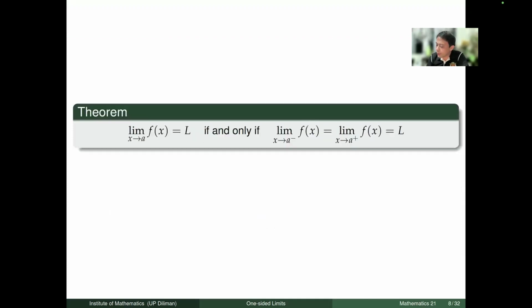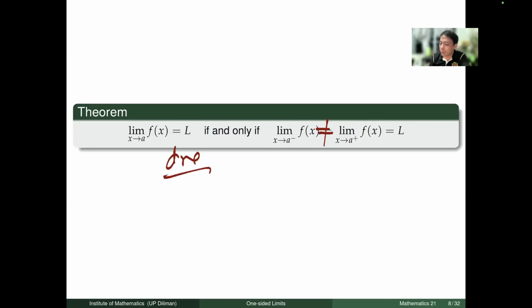If the limit as x approaches a from the left is equal to the limit as x approaches a from the right, they are both equal to L, then we conclude that the limit of f of x as x approaches a is L. However, if the limit from the left is not equal to the limit from the right, then we say that the limit does not exist.